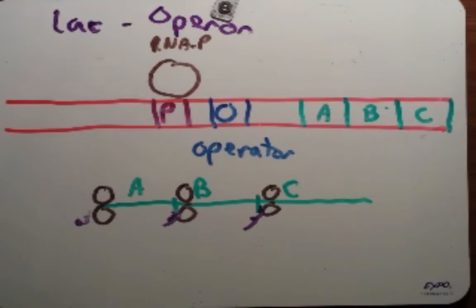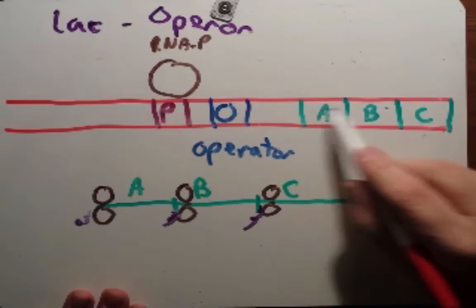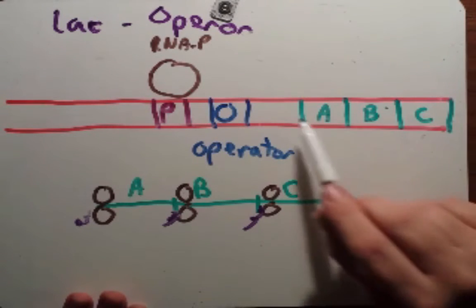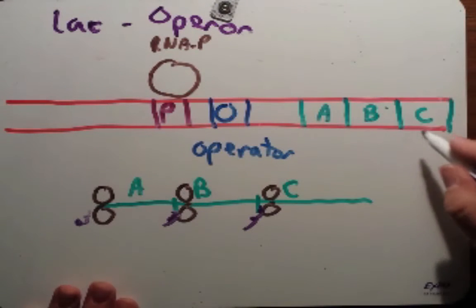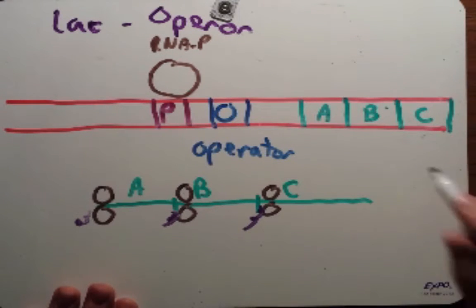So an advantage to this is that by transcribing one long messenger RNA, you're able to make 3 genes at the same time, or more than 3 genes, just depending on how big the operon is. These operons, or the genes within the operon, very importantly, tend to function in a common pathway.